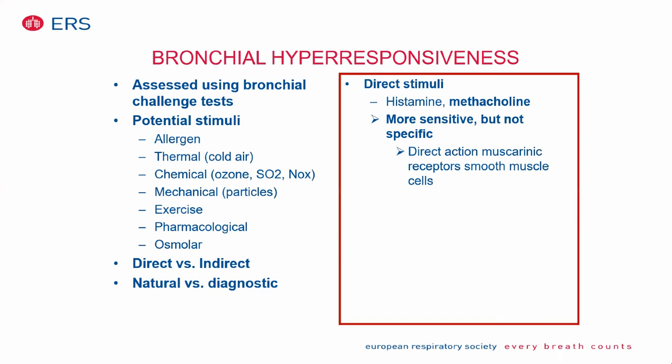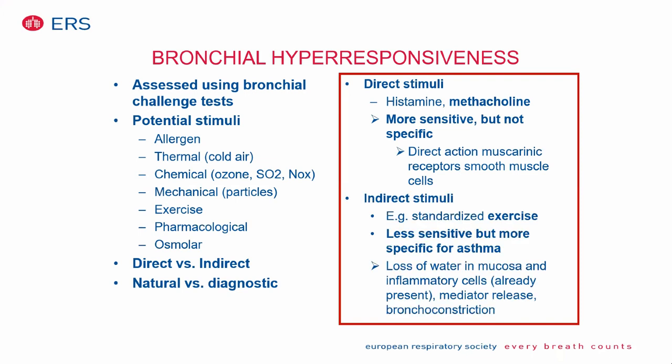The direct stimuli include histamine challenge and methacholine challenge, which is the challenge most commonly used. They are sensitive but not very specific. And indirect stimuli, and I will talk about the standardized exercise challenge, are less sensitive but more specific for a diagnosis of asthma.